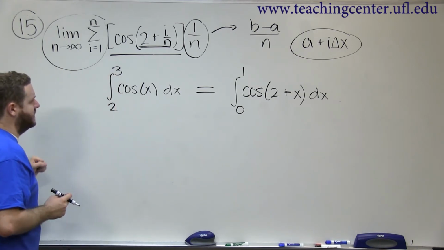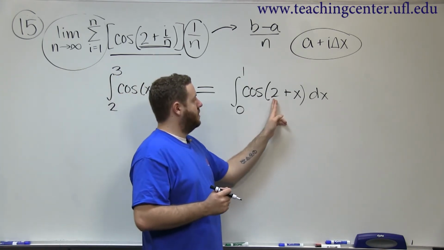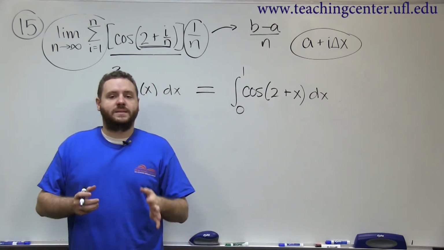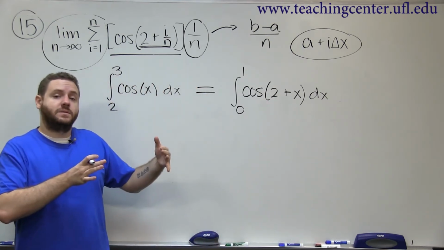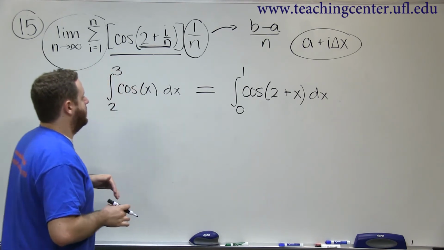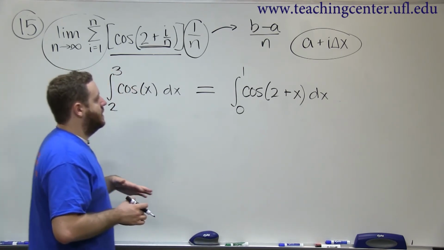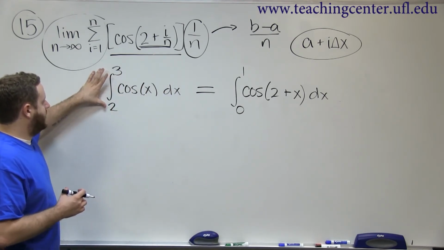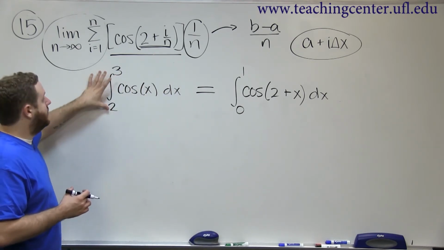Maybe more precisely, when you have a plus 2 or a 2 added inside a function, remember that that's a transformation. That's a shift to the left 2. So this is saying we're taking our cosine function and we're shifting it to the left 2. Well, look here. My x values that I was concerned with are 2 and 3.